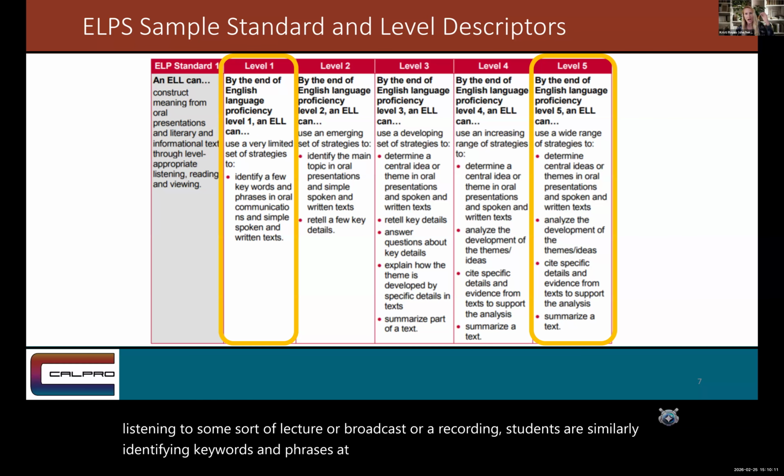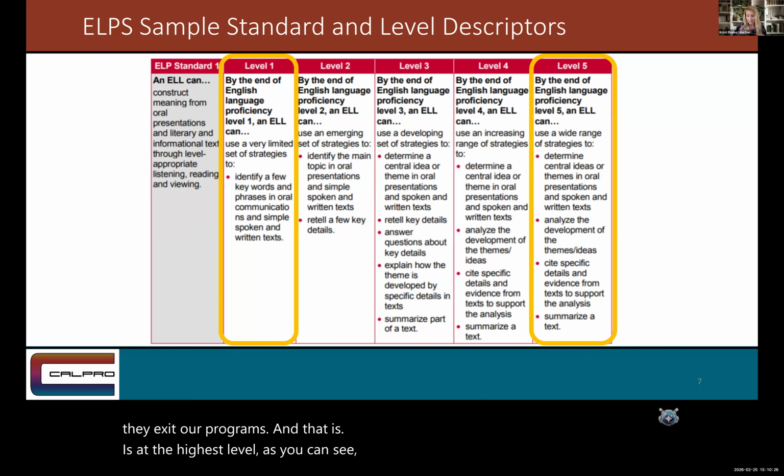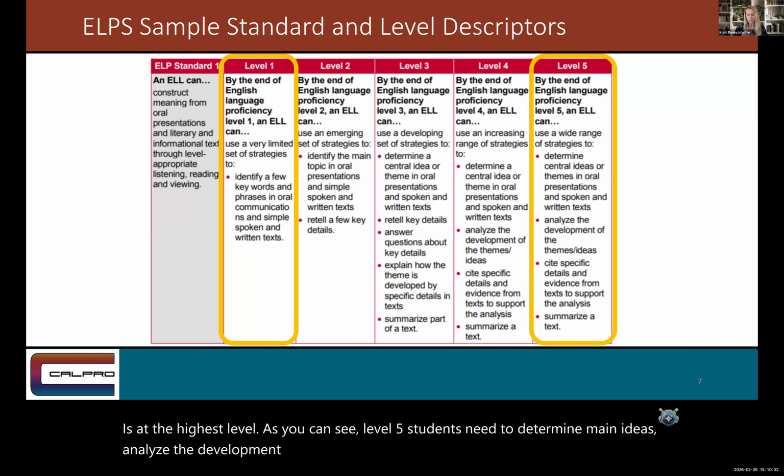Whereas when we get to our highest levels of ESL instruction, our students should be able to do these things as they exit our programs. And that is at the highest level, as you can see, level 5, students need to determine main ideas, analyze the development of ideas, and cite specific details from text to support their analyses.